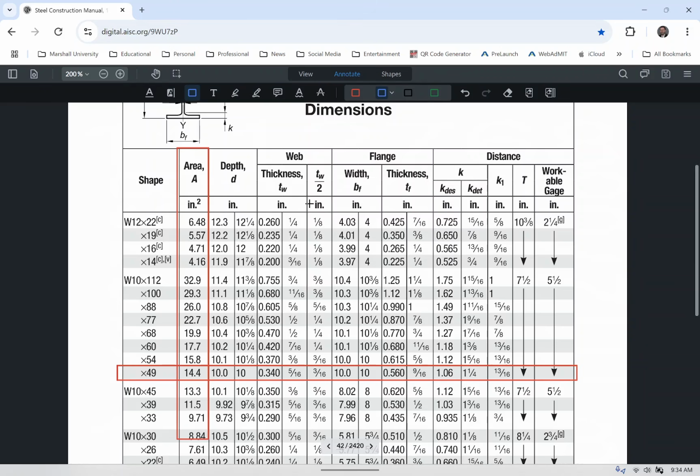So remember, for the flange thickness, we do not use the detailing dimensions, we use the design dimensions. So we use 0.56, okay? Everybody okay with that? Always use the decimal dimensions.